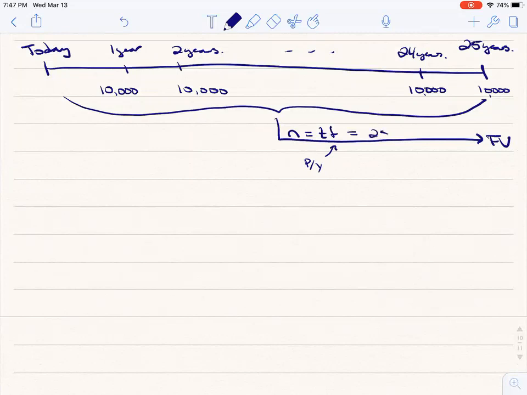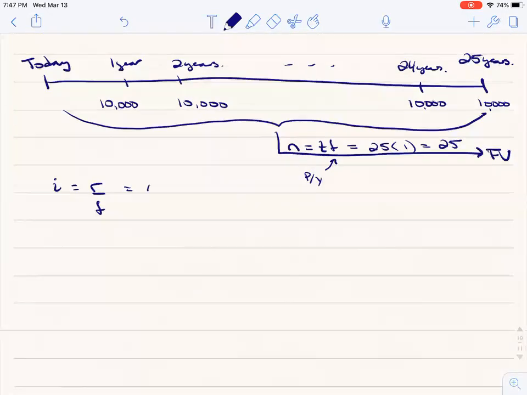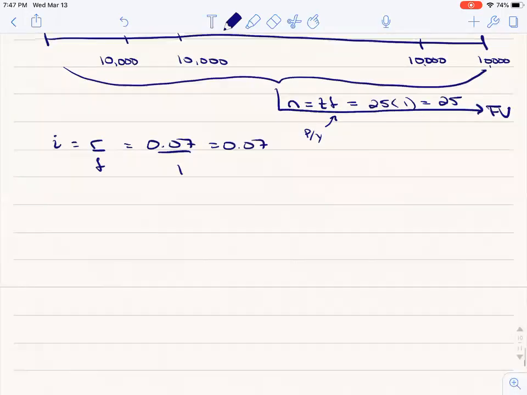So T is 25 years, and 1 per year, we have 25 payments. We can calculate I. I is R over F, which was 7% per year, so 0.07 over 1, which is 0.07. Nice and simple.